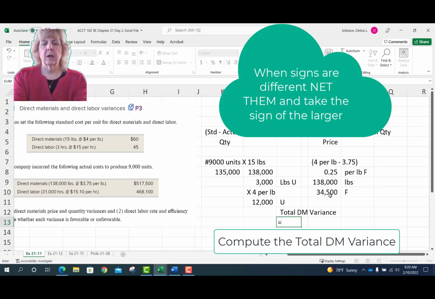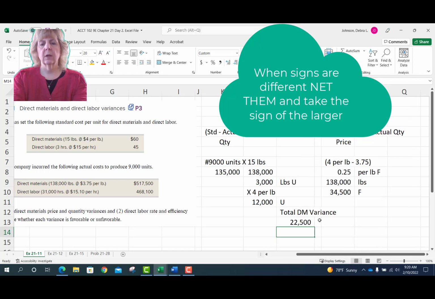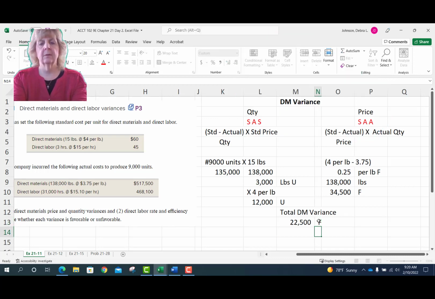And so when I do that, 34,500 minus 12,000 gives me a variance of 22,500. And because it's favorable, we'll take the sign of the higher one, which makes it favorable in this case.